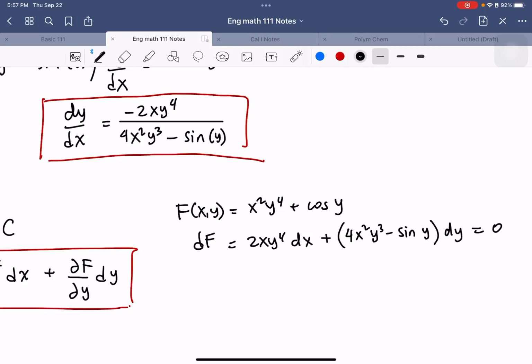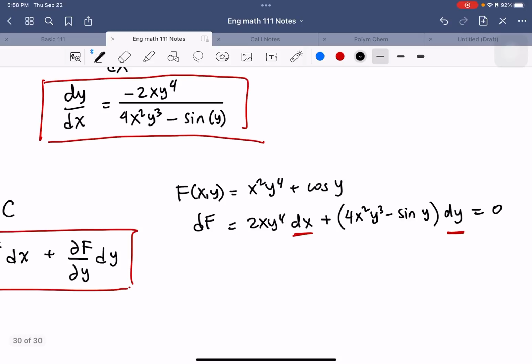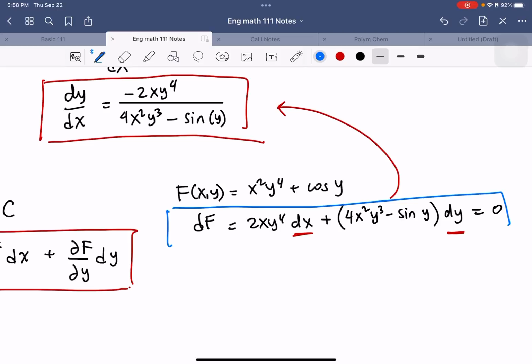Now we nicely have an equation that has dx and dy. If you would like to rewrite this, we can rewrite it into the previous one. But the one I want to emphasize is that maybe there is something in this equation, this df here.